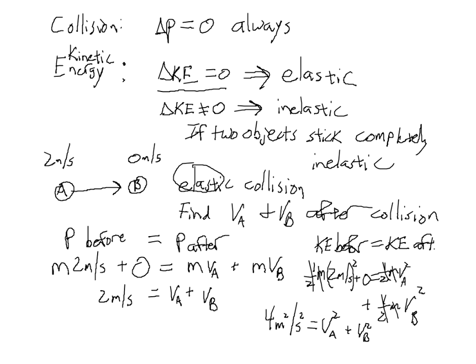Well, now we have 2 equations. This one we got from conservation of momentum. This one we got from conservation of kinetic energy. So at this point, it's an algebra problem. I'll go ahead and work the algebra for you. But essentially, we're done with the physics.